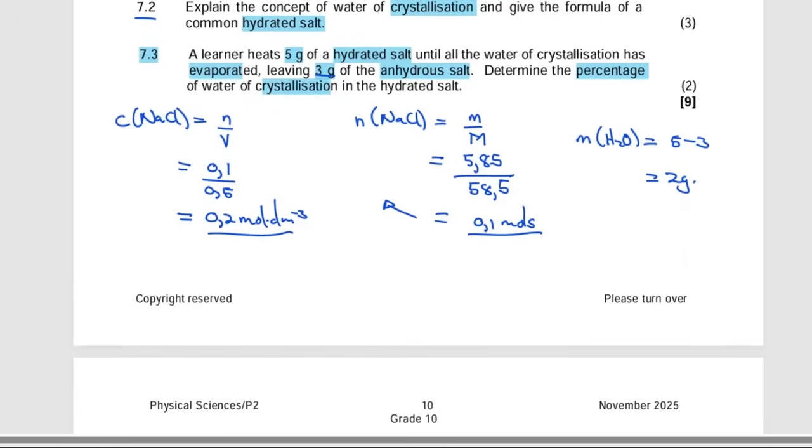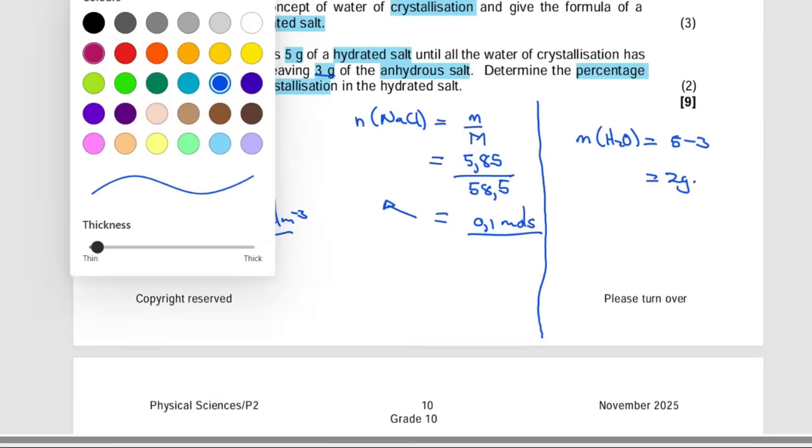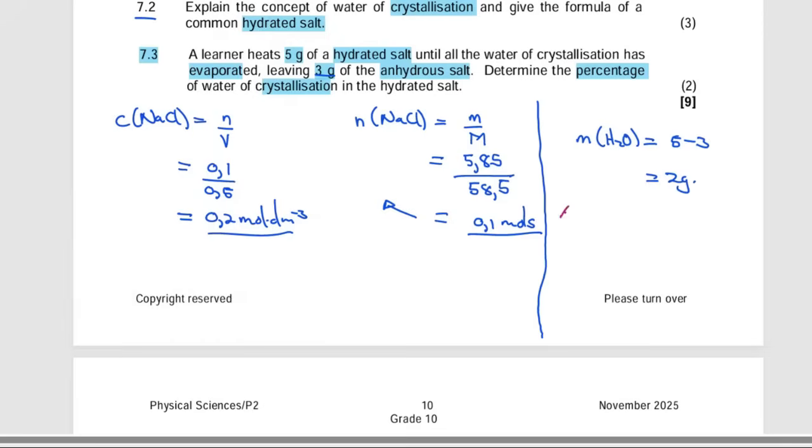So as a percentage, I'm going to take that value and proceed to say percentage of the water. Allow me to use this space underneath. Let me use a different color. Then I'm going to say the percentage of H2O is equivalent to mass of H2O over the mass of the hydrated salt, right?